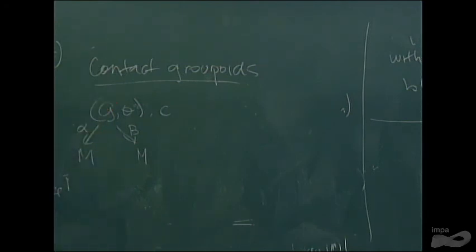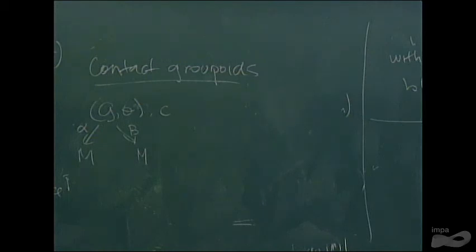So whenever I have a contact groupoid, as in the case of symplectic groupoids, where a symplectic groupoid induces a Poisson structure on the base manifold, in the case of contact groupoids, they induce a Jacobi structure on the base manifold, okay?